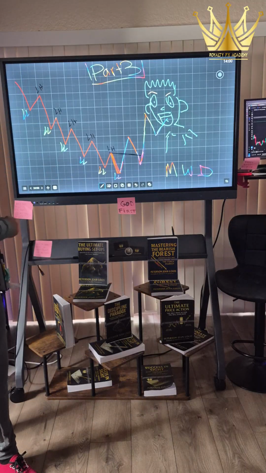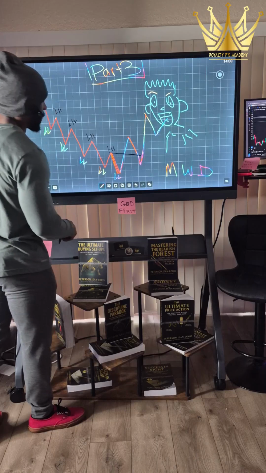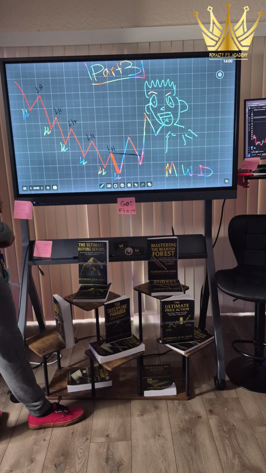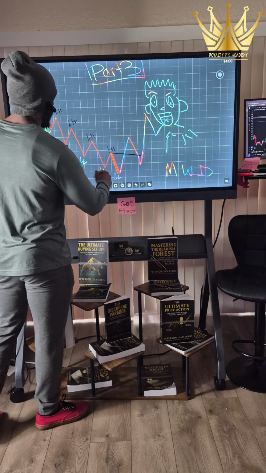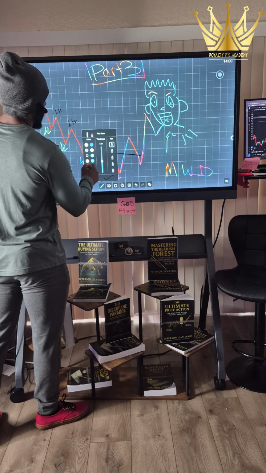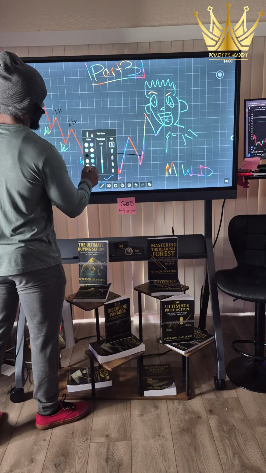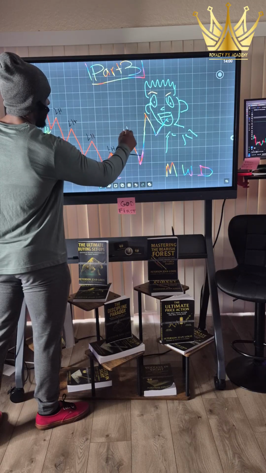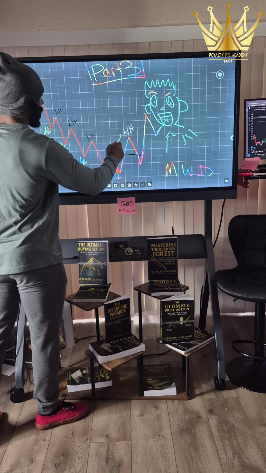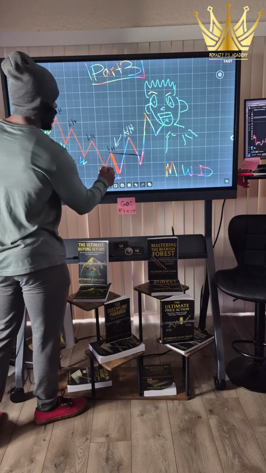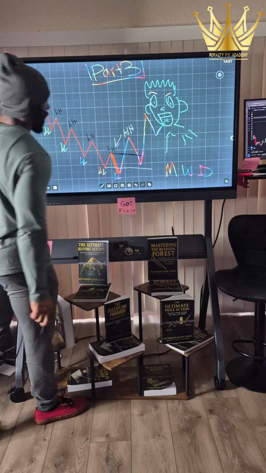Now we know we got a trend reversal, so we're going to do this one for a continuation. We have a market going through lower highs and lower lows, and then the market broke structure and gave us a higher high, which is higher than the previous high. As you can see, the market came back, in the middle.